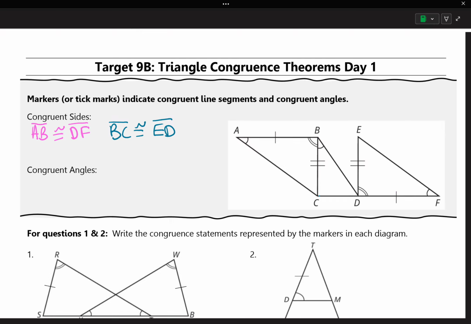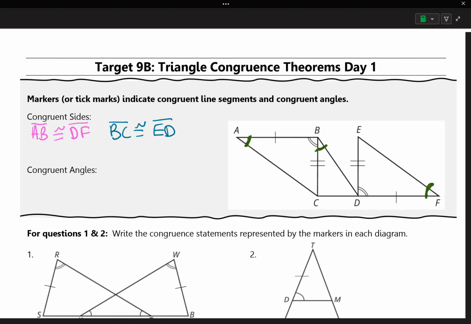Now I see two types of arches here. I see a single arch and I see double arches. I see three single arches, right? I see one here, I see one there, and I see one here. These angles are all congruent, meaning if we measure them, they would all have the same measurement.